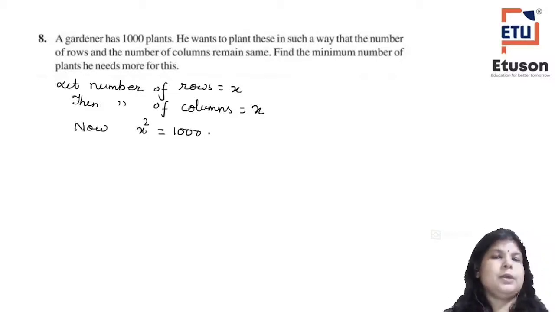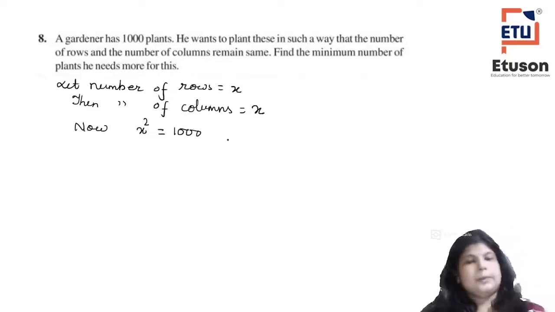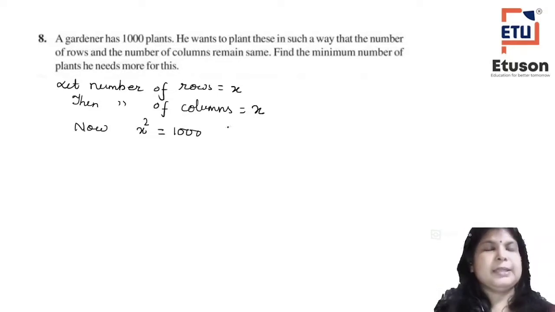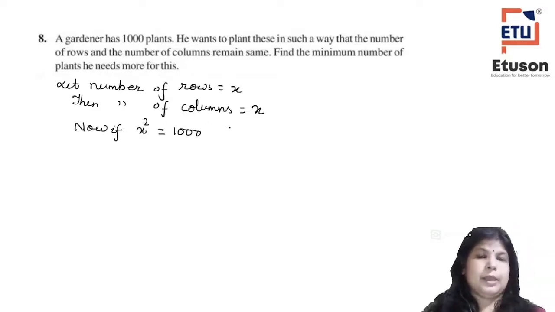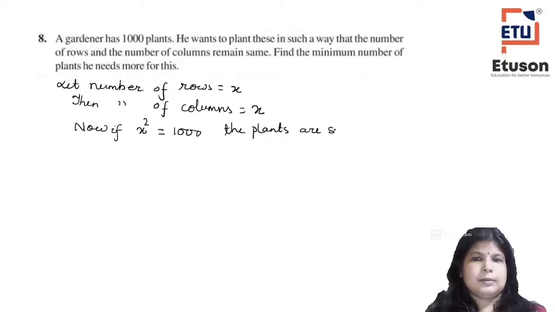If it is equal to 1000, then the plants which you have are sufficient enough. Now if x square is equal to 500, then the plants are sufficient.